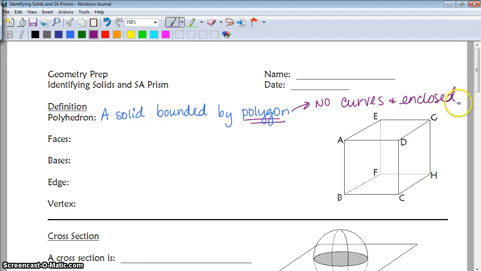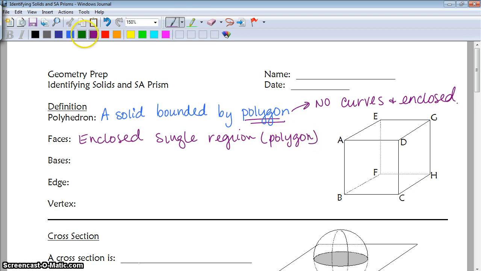Okay. All right, now a face. A face of a solid or of a polyhedron is an enclosed single region. It's one of the polygons, essentially. This is an enclosed single region, aka polygon.